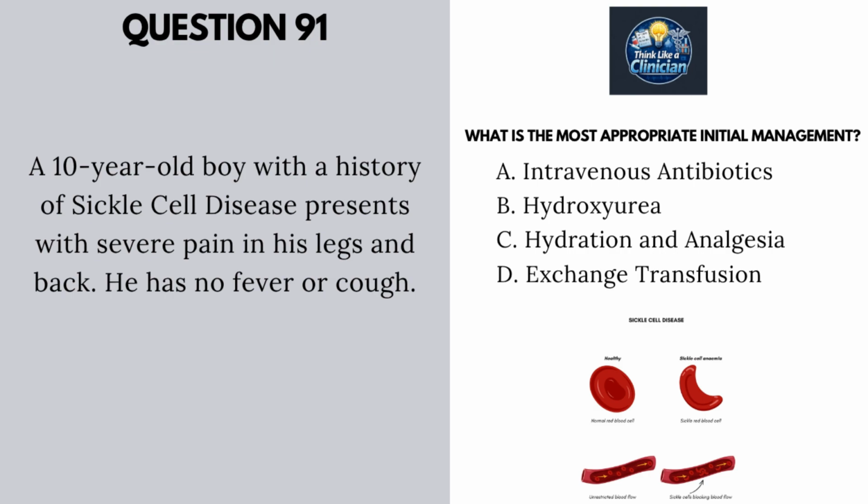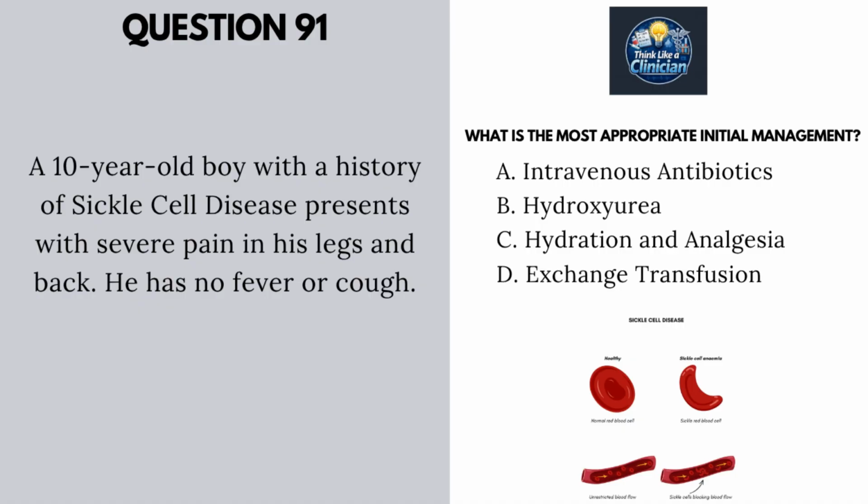Now, if we look at the case from a clinical standpoint, we have a 10-year-old male with sickle cell disease presenting with a vaso-occlusive crisis. He's experiencing severe debilitating pain in his bilateral lower limbs and lumbar region. His pain score is somewhere around 9/10 or 10/10, given the severity.